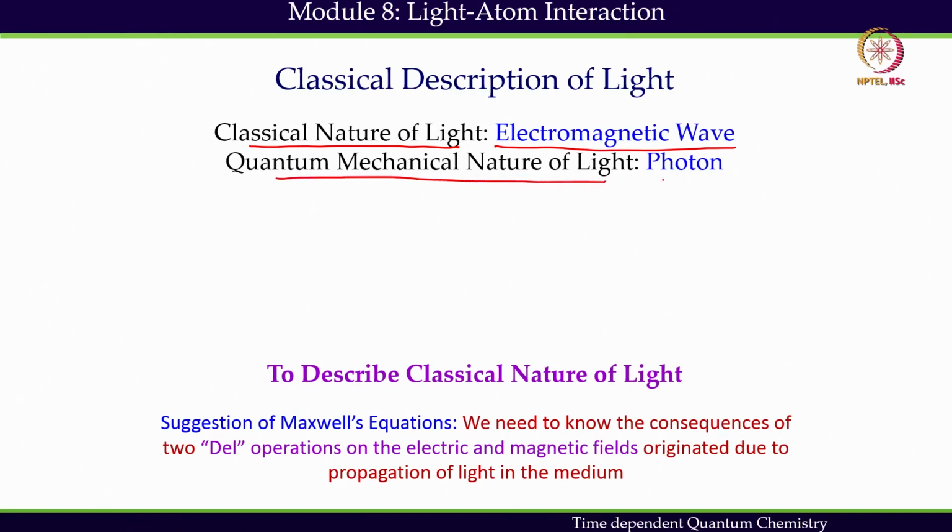So, quantum mechanical nature of light is not a wave nature anymore, it is a particle nature which is called photon. Each light particle is called a photon, and each photon associated with a field of frequency nu carries an amount of energy h nu.